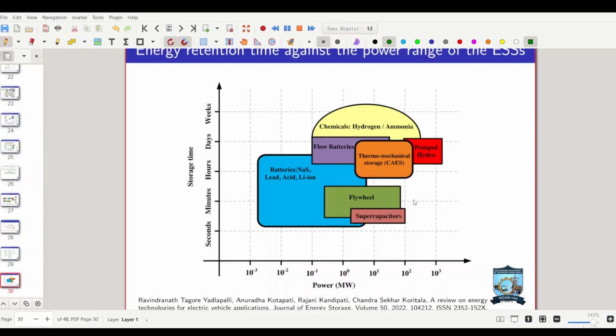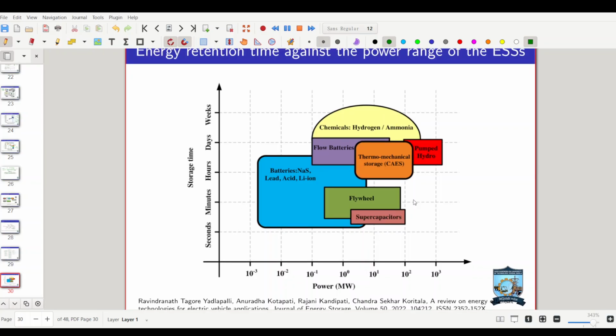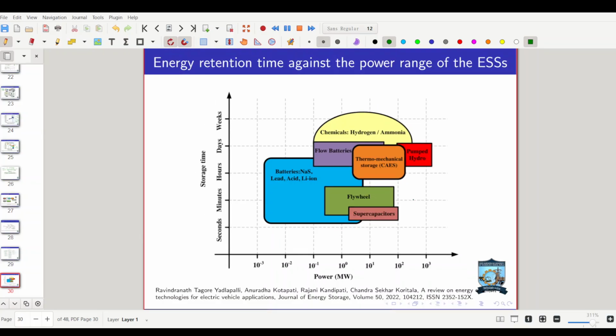So a comparison of energy retention time against the power range of the electric vehicles. So we see here a graph between power versus storage time.